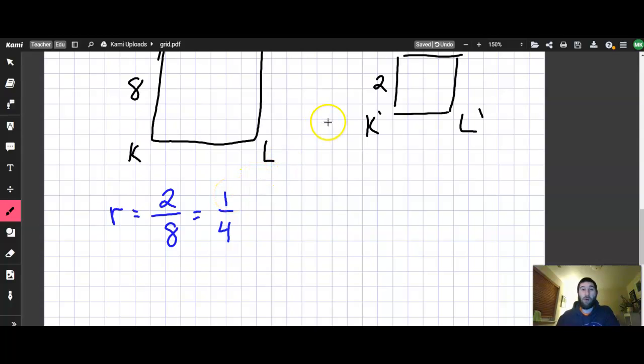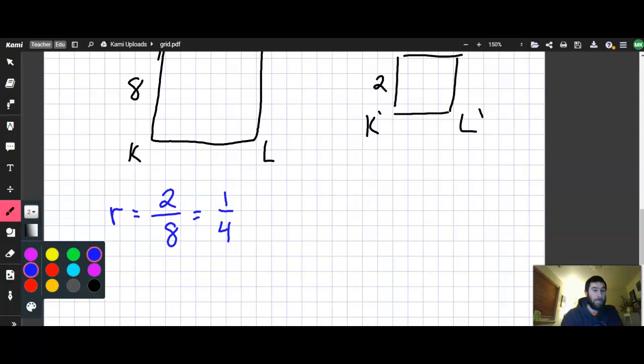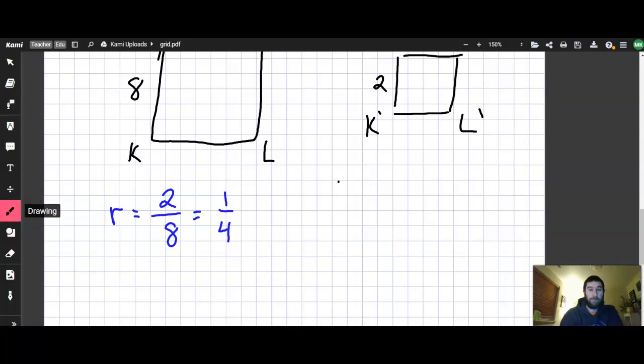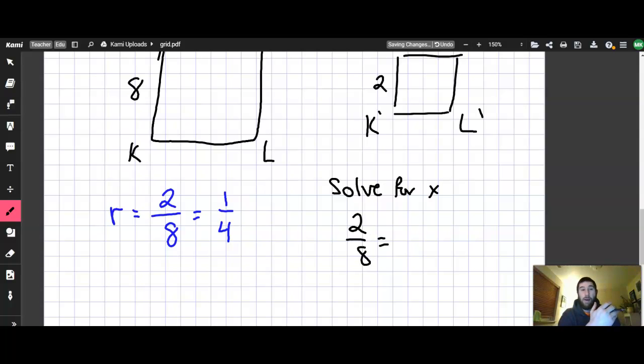But in order to solve for our missing side, we want to take the 2 over the 8 and write that as a fraction here. So to solve for X, we want to take 2 over 8 and set that equal to the image over the pre-image for the other pair of sides, X over 16.